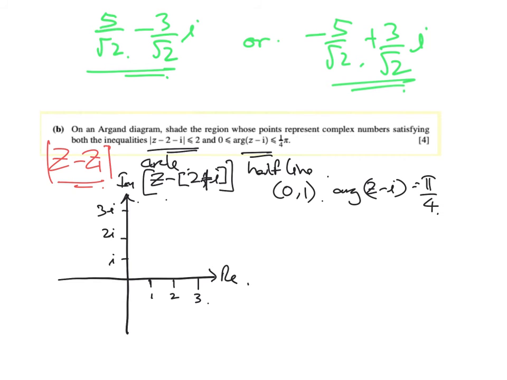Okay, so let's draw the circle. Circle radius 2. Okay, that's the radius. And what is the coordinate? The coordinate is 2 positive 1 i, so that's where it is, and the radius is 2. So from there we go down, that's negative i, so negative 2i.